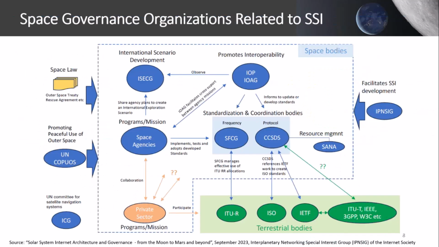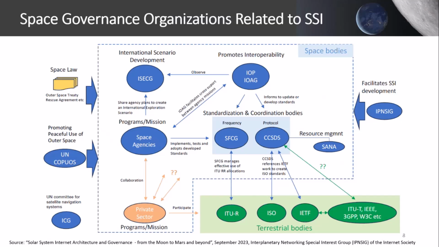The IPNSIG conducted a study a couple of years ago and published a report on the solar system internet architecture and governance that we collaborated on. This is a figure from that report that gives an overview of some of the agencies and organizations that are involved in this. Starts with, on the left-hand side, the non-binding governance or space law agencies such as the UN that passed the Outer Space Treaty.